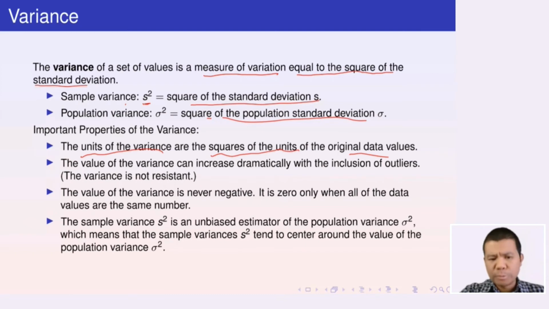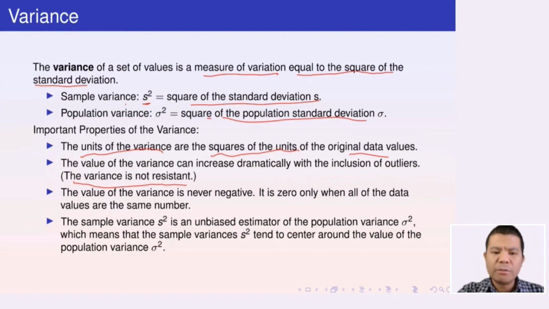Secondly, the value of the variance can increase dramatically with the inclusion of outliers. It is not resistant to significant extreme values. It is very sensitive.